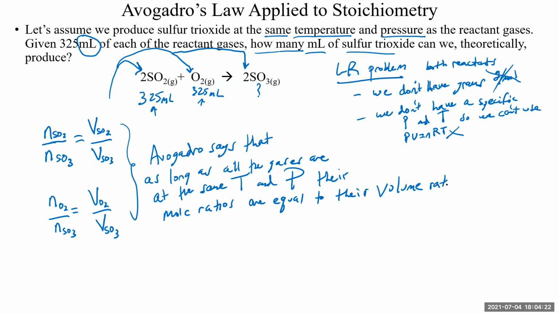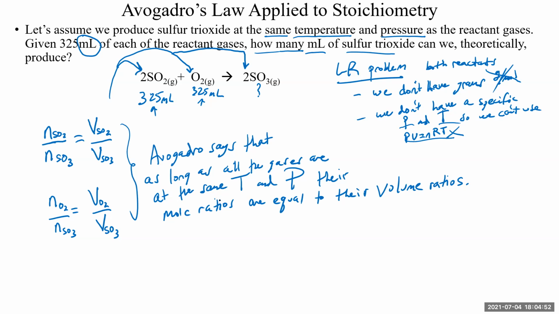Now, don't confuse ratios with absolute amounts. We have no idea what the actual number of moles are, because we cannot calculate moles since we don't know the actual pressure and temperature. So we have no idea how many moles 325 milliliters of sulfur dioxide or oxygen or sulfur trioxide represent. We have volume, but we don't have pressure and temperature. We can never know how many moles in an absolute sense.